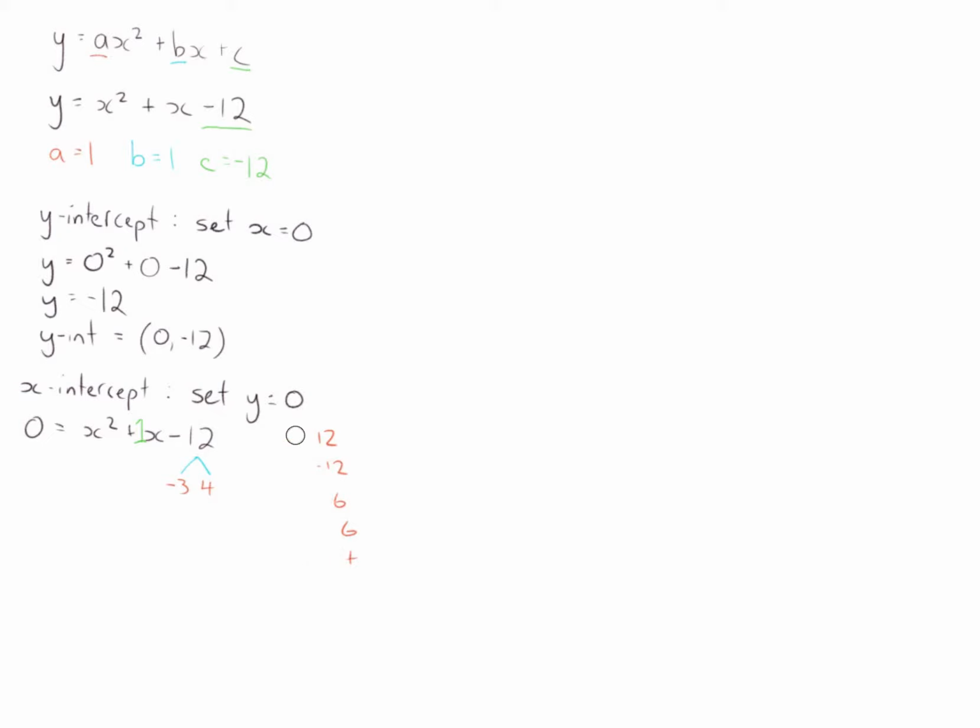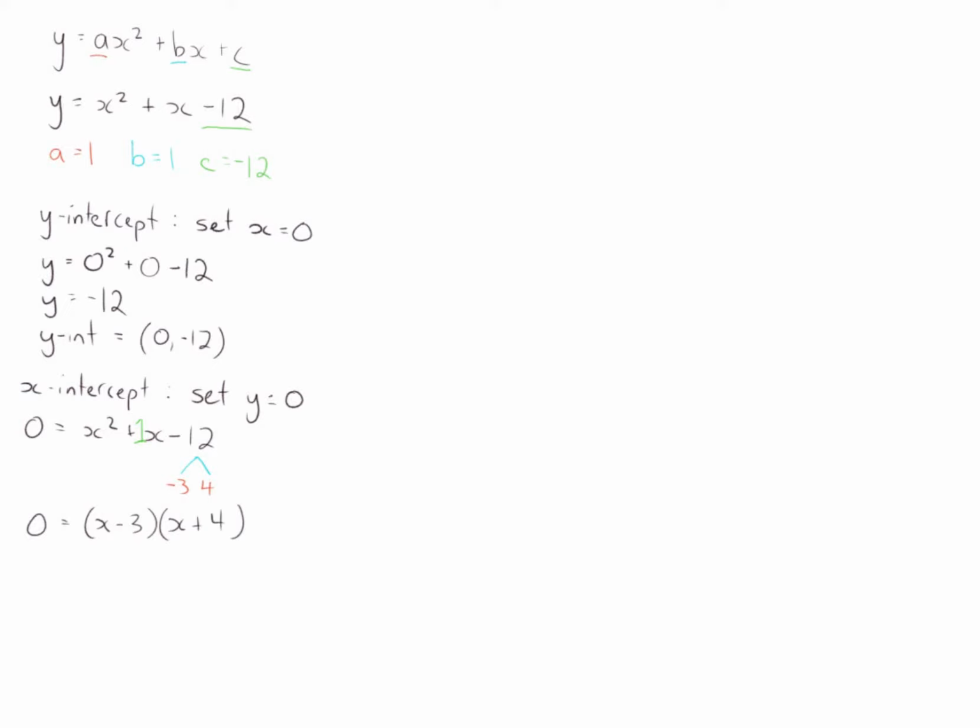Alright. Once we have our factors, negative 3 and 4, what we can do is put them into brackets. We can say that 0 is now equal to x take away 3 times x plus 4. Once again, if you have doubts about how we can do that, just think about doing the opposite of expanding. Factorizing, sorry, is the opposite of expanding.